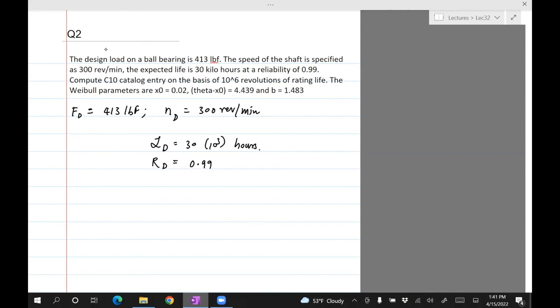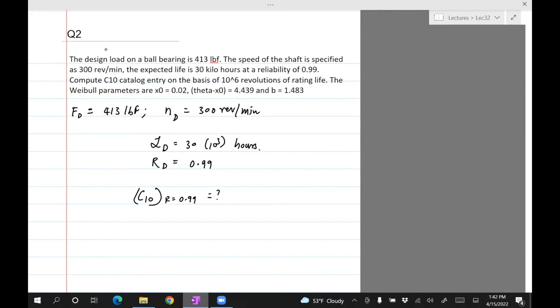Compute the C10 catalog entry. So we need C10 at R equals 0.99 on the base of 10⁶ revolutions of rating life. Okay, and variable parameters are given.